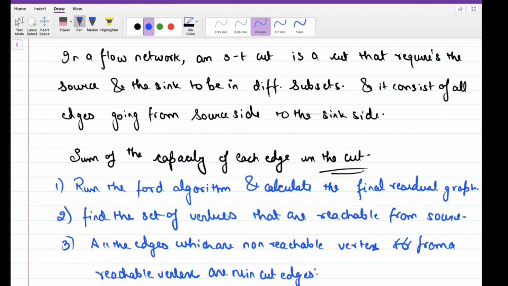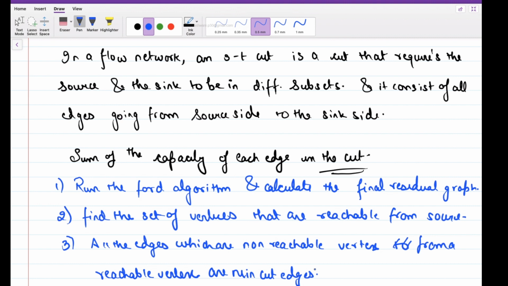So what is a reachable vertex? A reachable vertex is a vertex that is reachable from the source. So all the edges which go from a reachable vertex to a non-reachable vertex. What is a non-reachable vertex? A non-reachable vertex is a vertex that belongs to the sink component. So all edges from a reachable vertex to a non-reachable vertex are inside the minimum cut edges. So we will print all such edges.